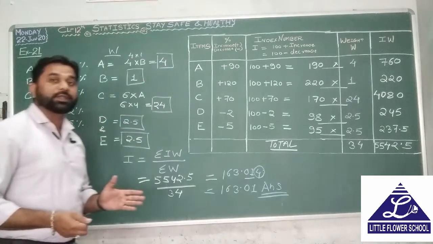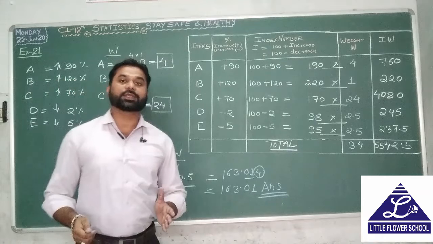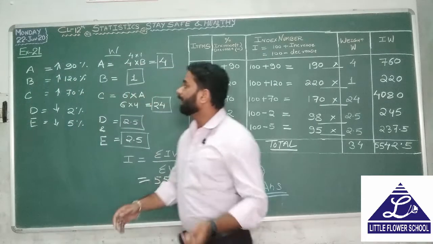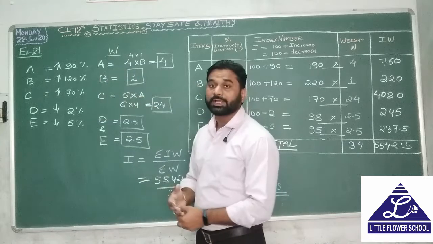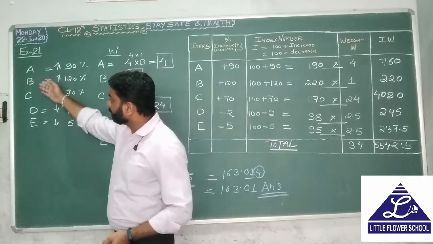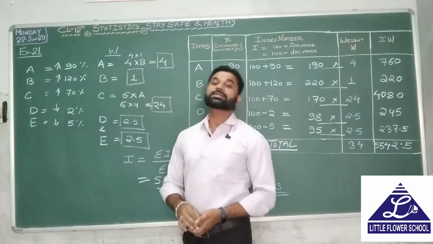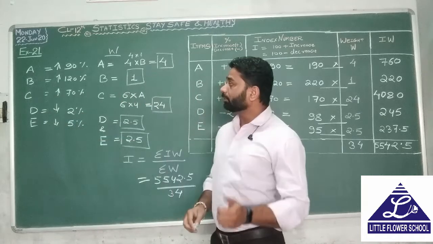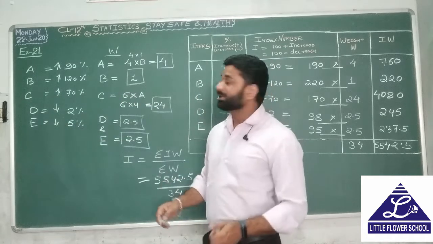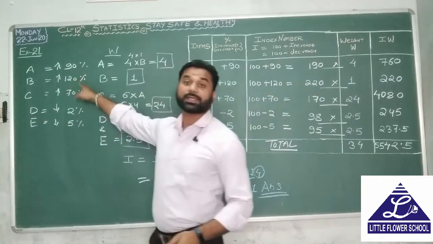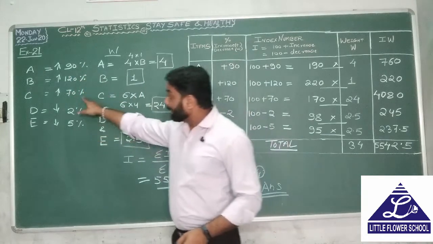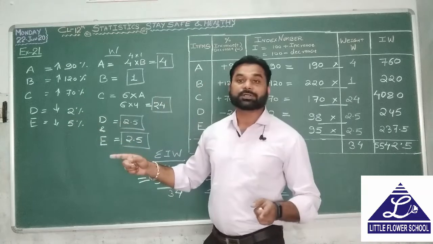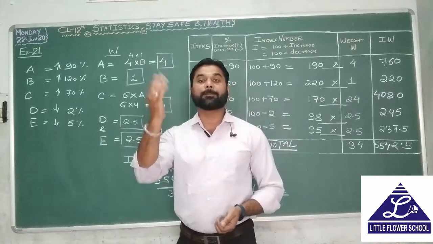Let me remind you once again what we have done in the question. First of all, we read the question and found that these are the items A, B, C, D and E. According to the question, item A increased by 90%, item B increased by 120%, item C increased by 70%. That means the prices have gone up.